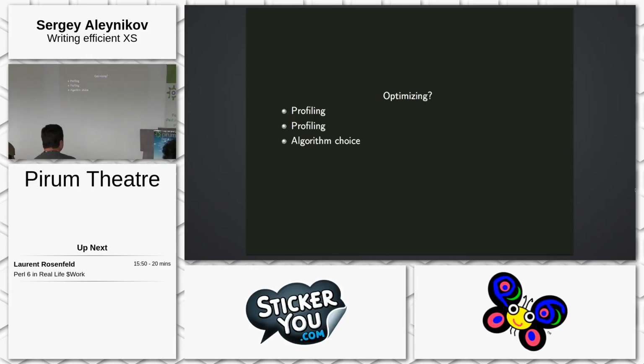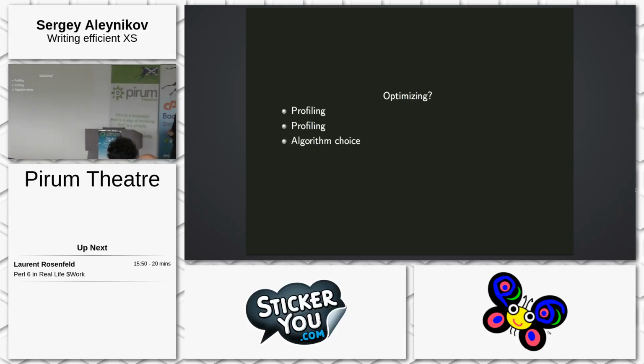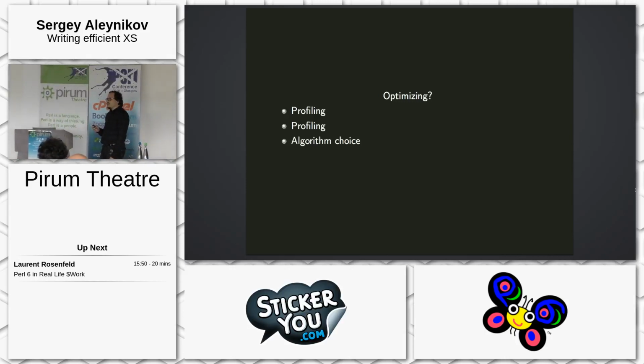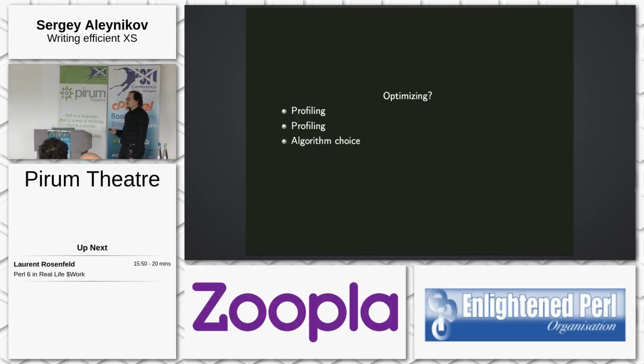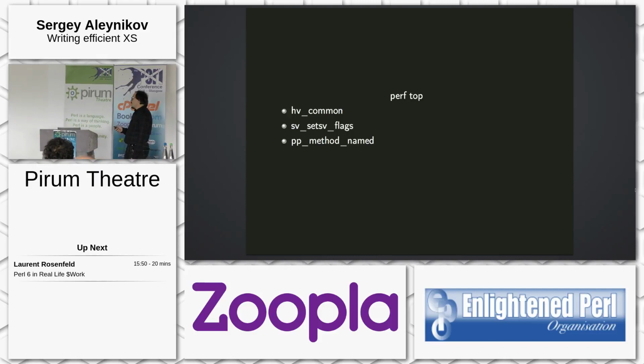So, if you profile a typical Perl application, what you will see to be the most executed functions from the Perl interpreter. The top three functions are most commonly those three. Sometimes you will see clear or something else depending on exact load, but those three are universally most executed.